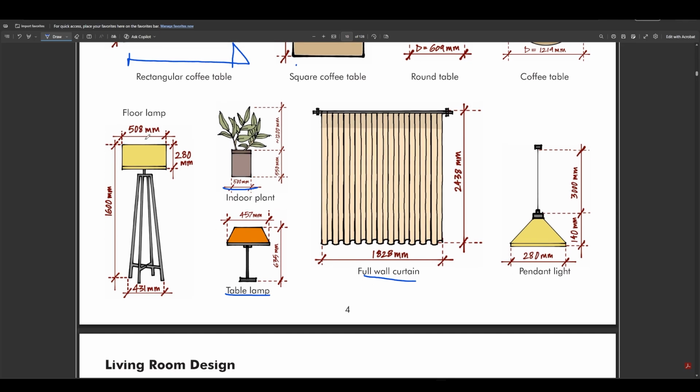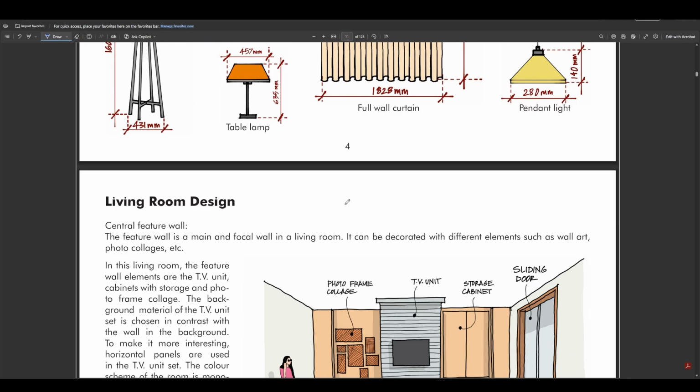So these are also the units which are used in a living room. So you should know the basics at least. Okay, so you can pause or make a quick rough sketch of these.